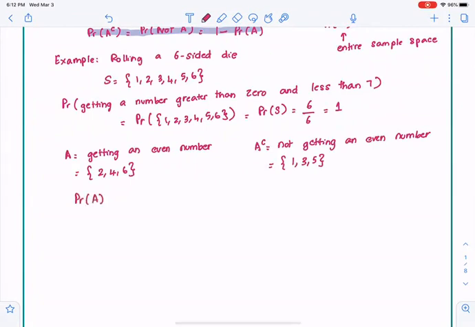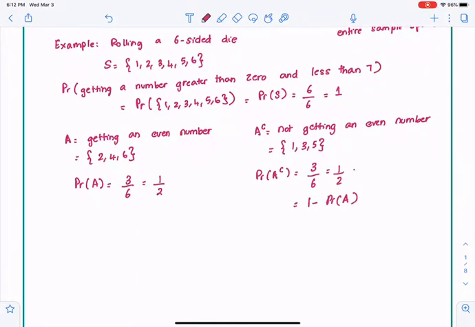So probability of A would be 3 out of 6, which is 1 over 2. And probability of A complement is 3 out of 6, 1 over 2. And I can also write it as 1 minus the probability of A. It'll give you the same answer.